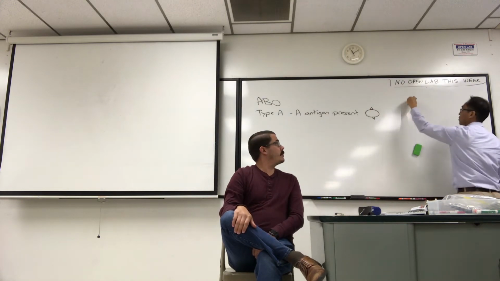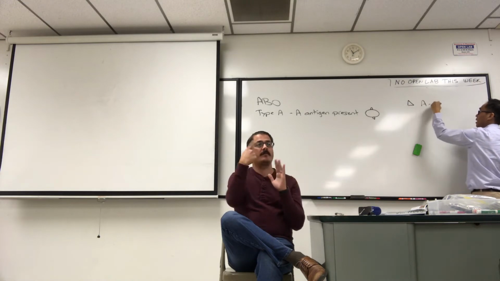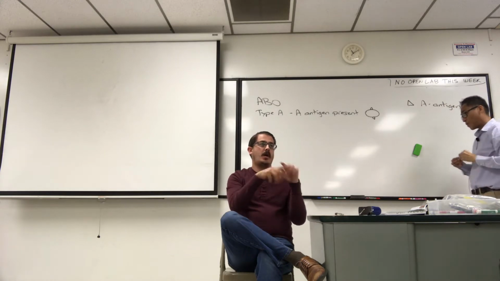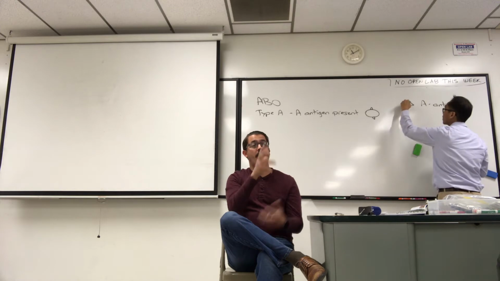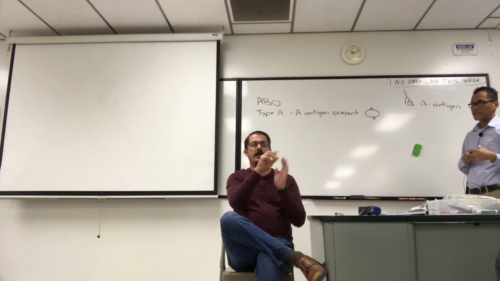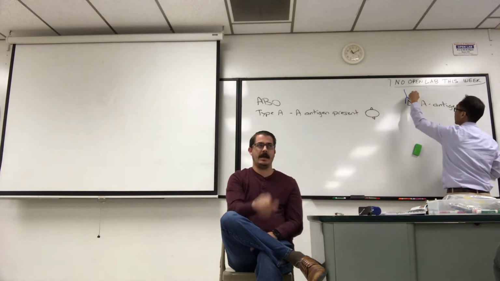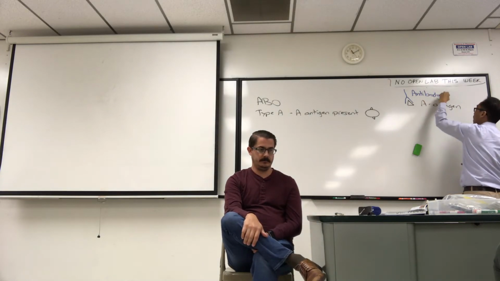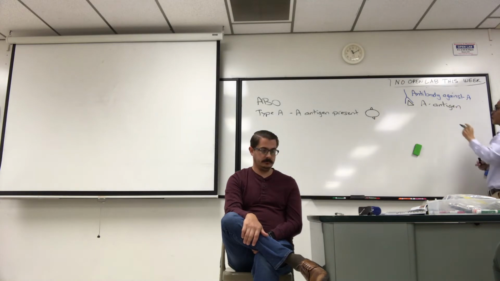Let's say a triangle represents, in this lecture, the A antigen. But an antibody that fits that shape would represent an antibody against A, or anti-A. I'll just write it out. Antibody against A.